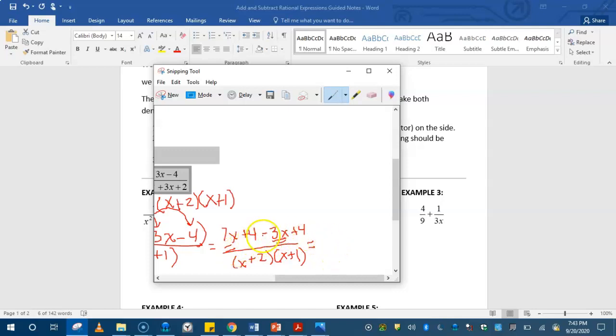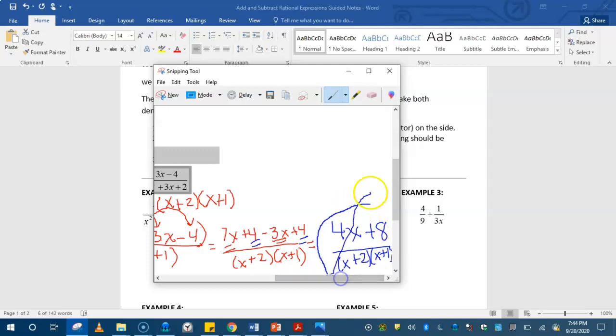If I take 7x minus 3x, that's going to give me a 4x. And then I've got a plus 4 and a plus 4. That would give me a plus 8. 4x plus 8, and that's over x plus 2, x plus 1.